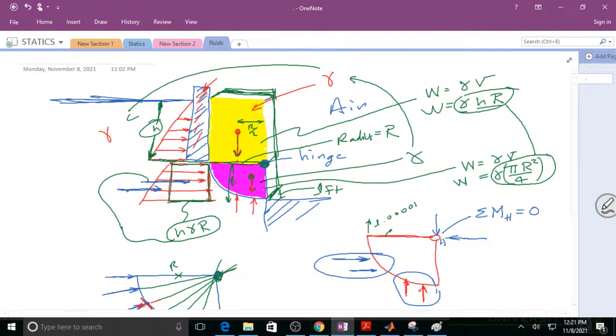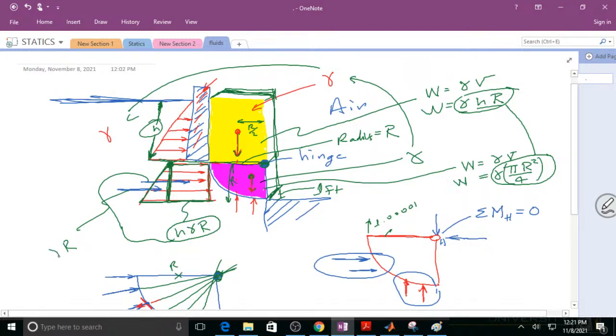Then you got this one, and this one is from the triangle. You don't care about how deep it is because you're taking this as if it starts here. So what you're doing there is taking a triangle, the area of that triangle being R, and of course this is for 1 foot into the page.